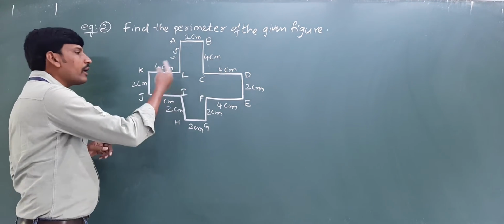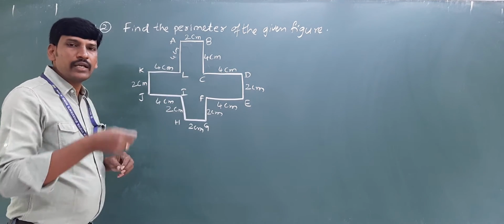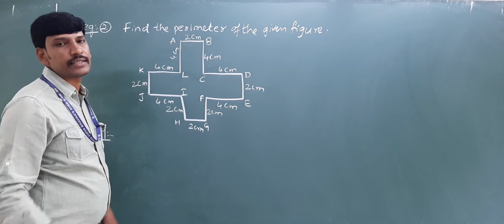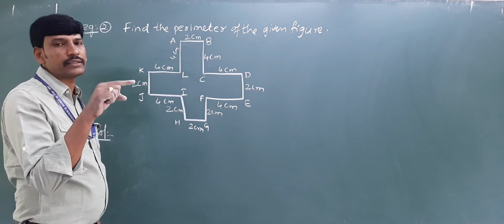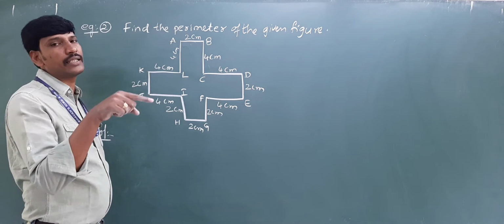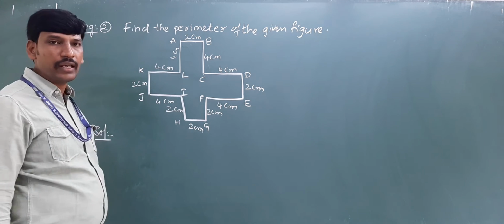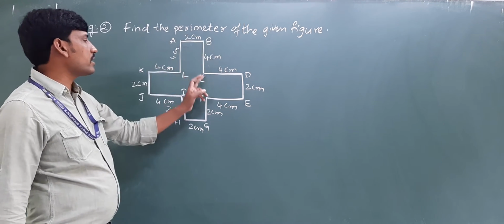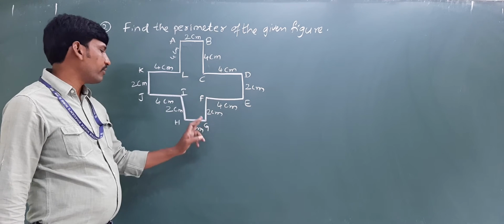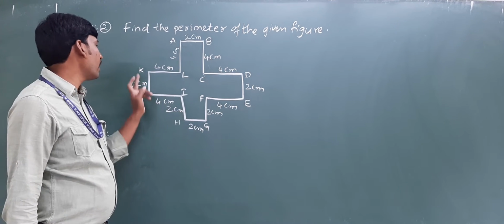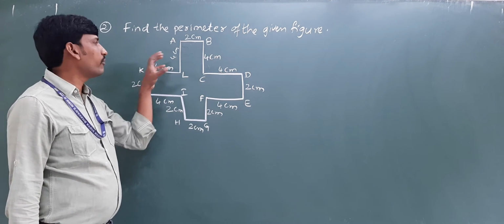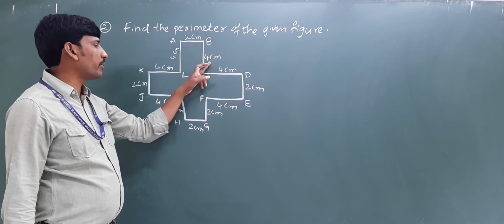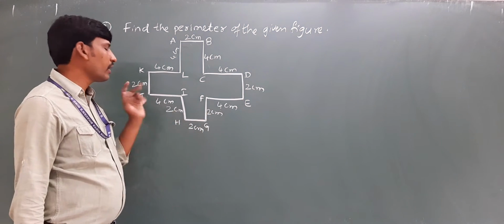Perimeter of any closed figure is always the sum of all the lengths of the sides. Simply you can say that by the sum of all the sides you will get the perimeter of the given figure. See here, there is a figure A, B, C, D, E, F, G, H, I, J, K, L of different sides. The measures are different here, 2 cm, 4 cm, again 2 cm, 4 cm, like this.